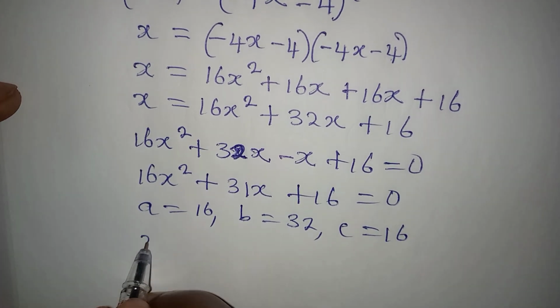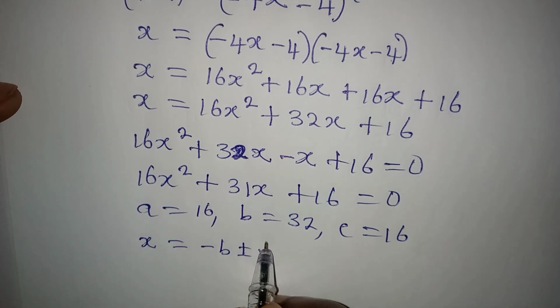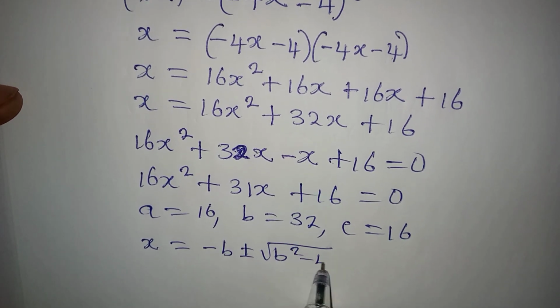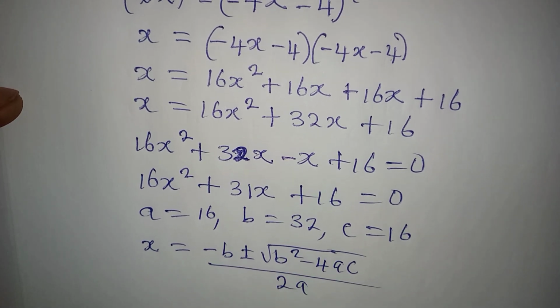Now, the formula is x is equal to minus b plus or minus square root of b squared minus 4ac, and this is all over 2a.